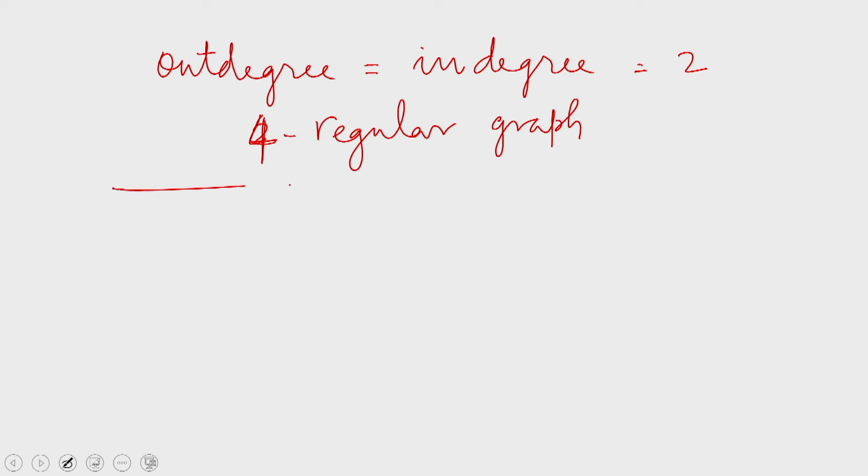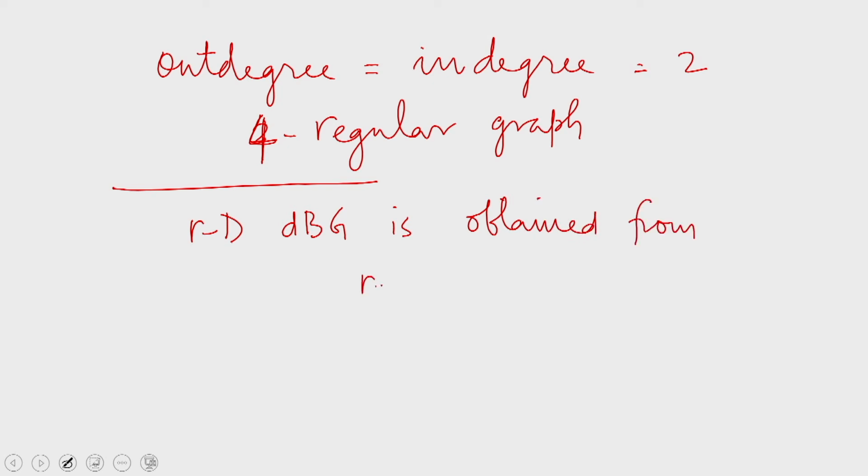There are some interesting recursive properties to the De Bruijn graph. We find that an r-dimensional De Bruijn graph, as I mentioned just now, is obtained from an r plus 1 dimensional shuffle exchange graph by contracting the exchange edges.